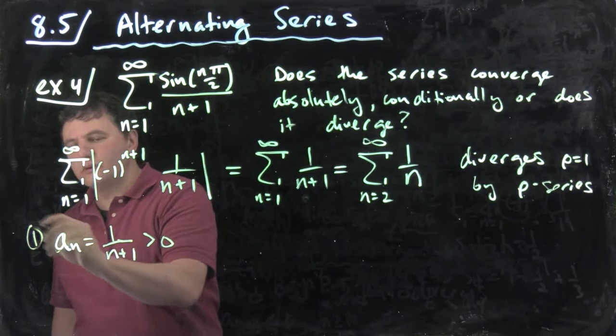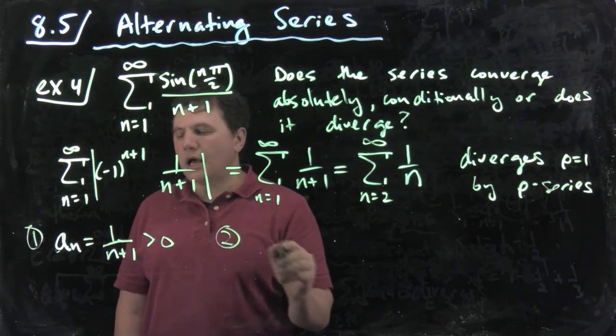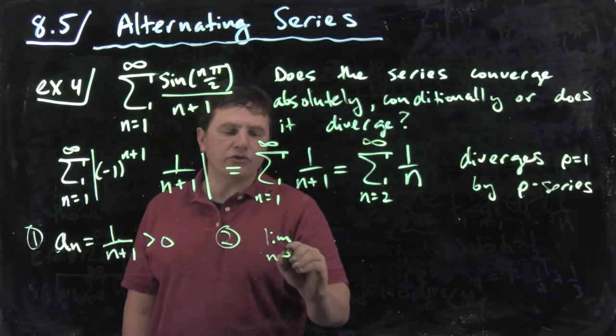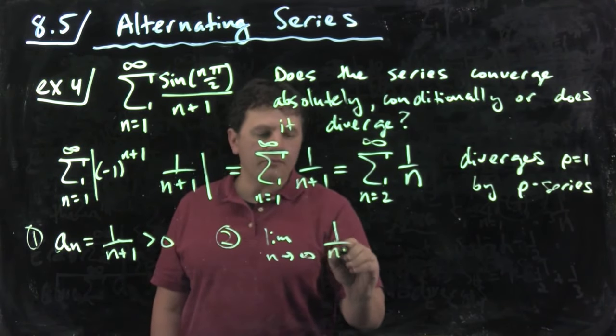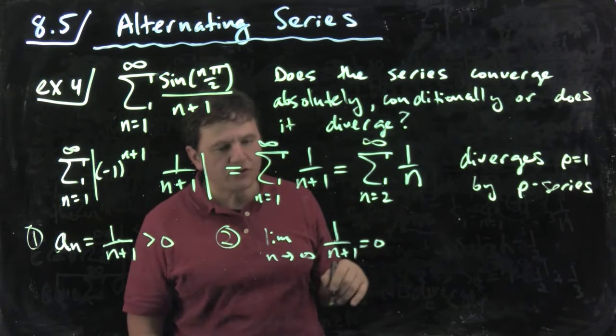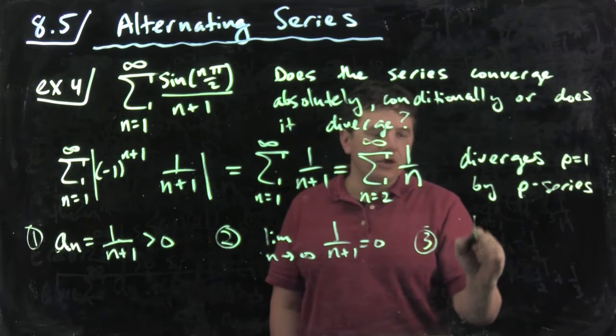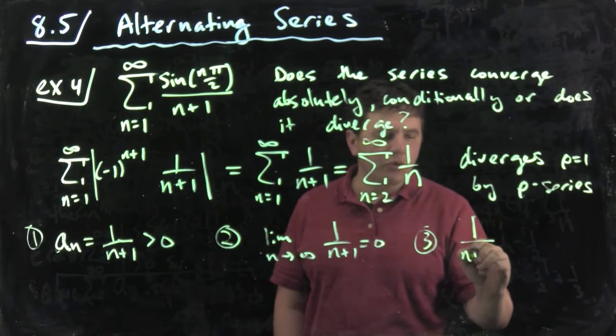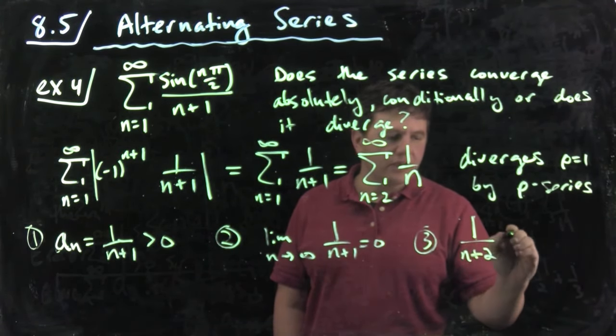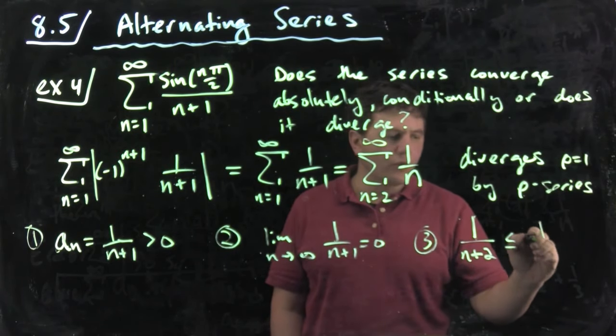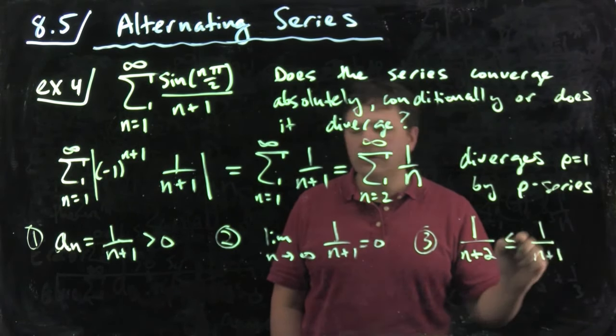So that's 1. 2, the limit as n goes to infinity of 1 over n plus 1 is equal to 0. Nothing I have to show there. And then 3, 1 over n plus 2 is definitely less than or equal to 1 over n plus 1.